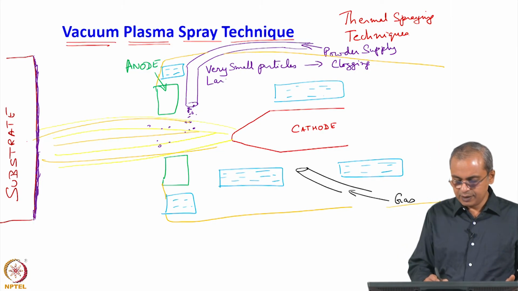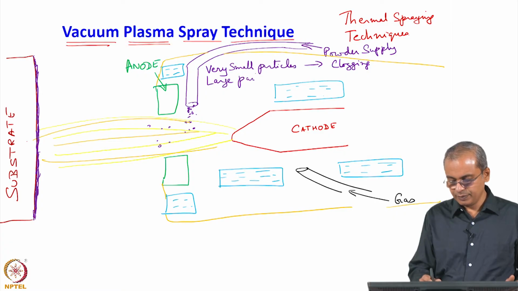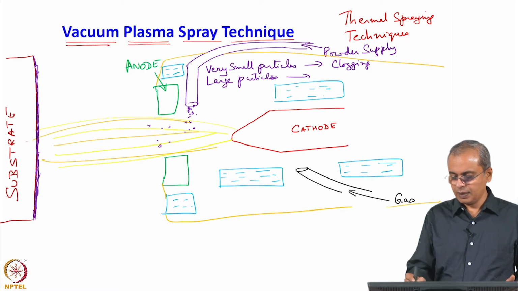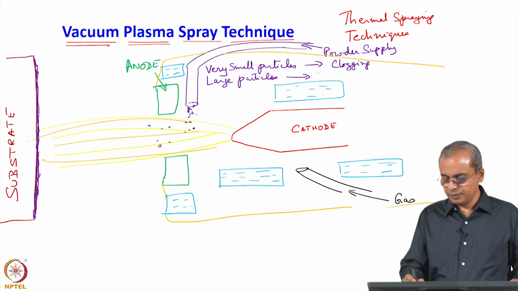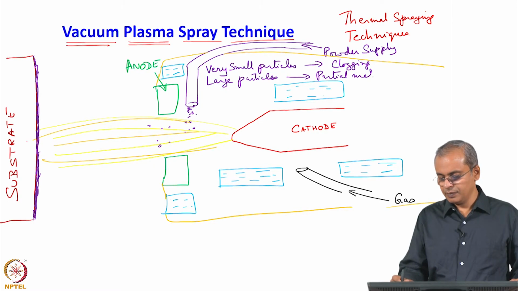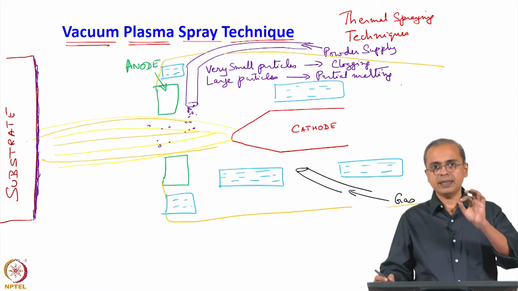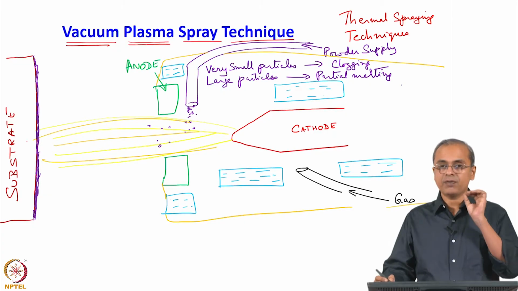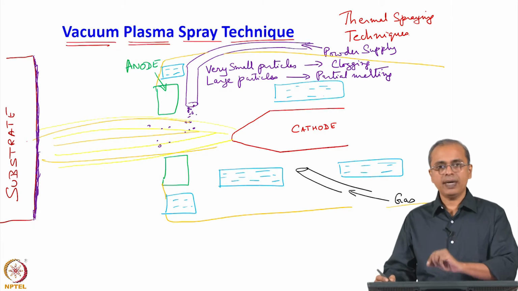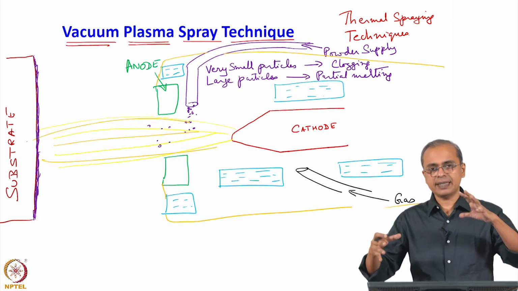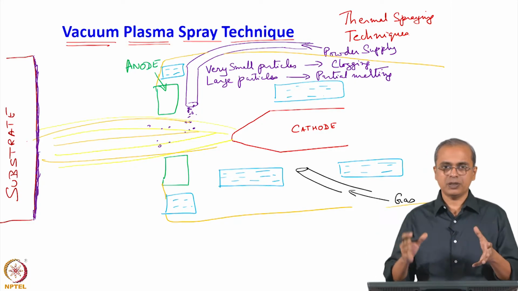Large particles imply partial melting. In other words, if you have large particles, the particles coming out of that gun have not completely melted. This is where you have to understand that you have competing processes going on.